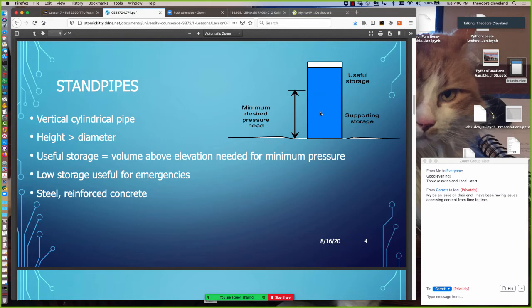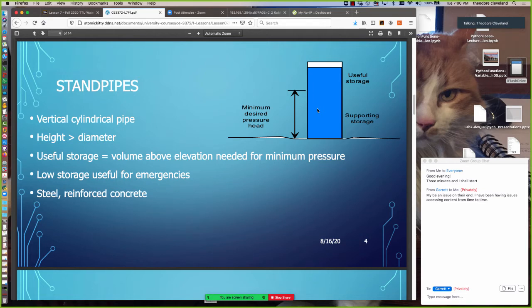And the amount of water in storage at that pool elevation is called the supporting storage. And then any storage above that is the useful or the operational storage. These are fairly common and fairly easy to build. In addition, this supporting storage, in the event of an emergency, can actually be drawn into. It can be used for that.